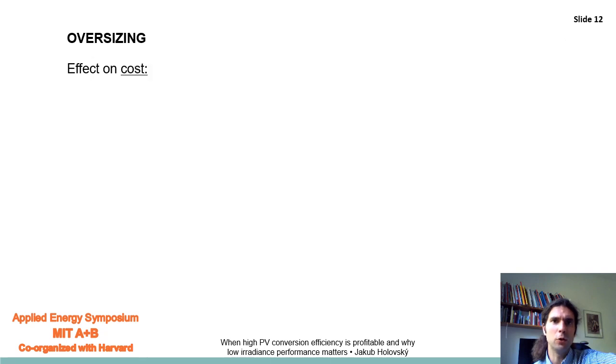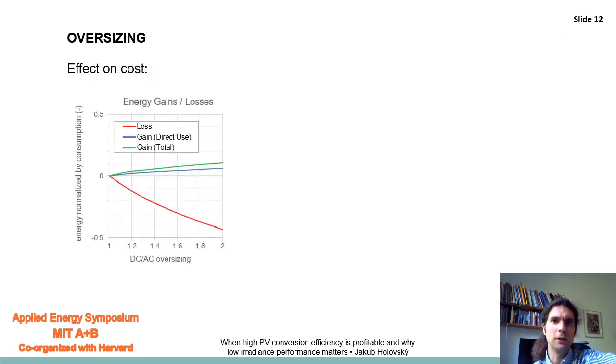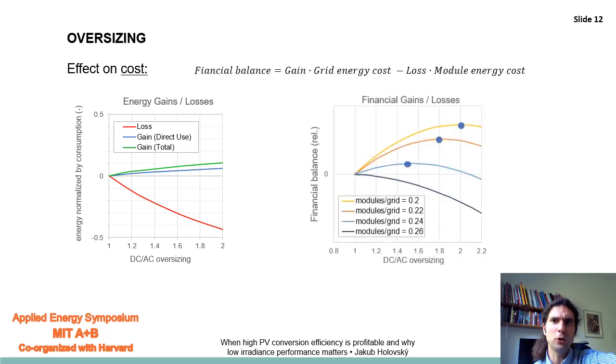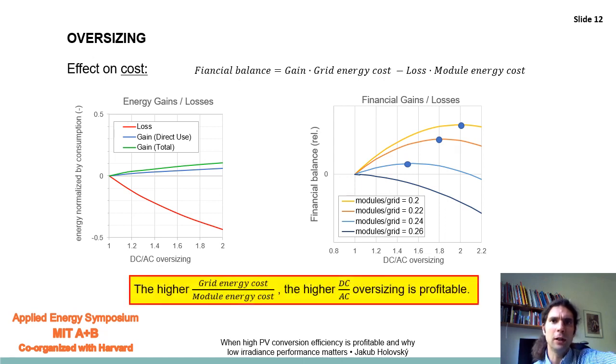We quantify the losses and gains, and we evaluate financial balance for different ratios of module energy cost to grid energy cost, and we see that the higher the ratio between the cost of grid energy to the module energy, the more profitable is the oversizing.